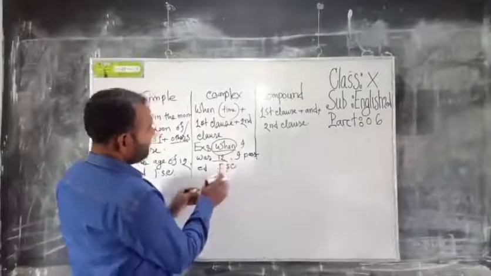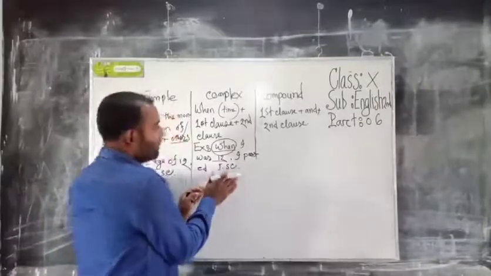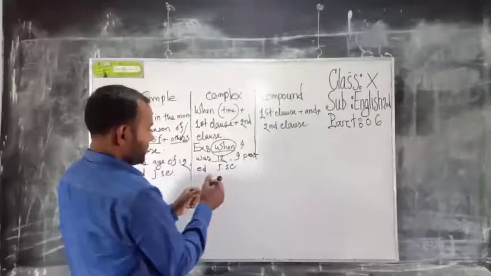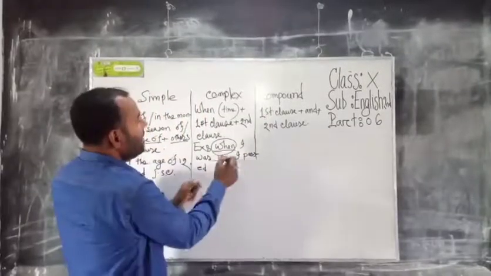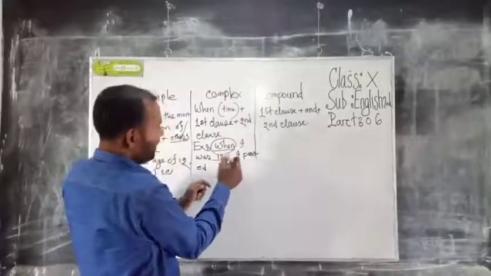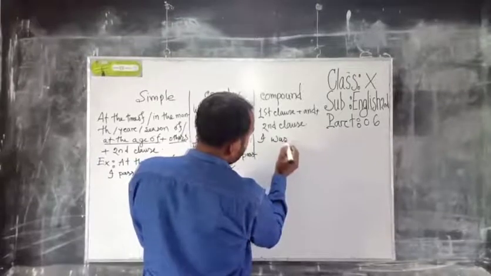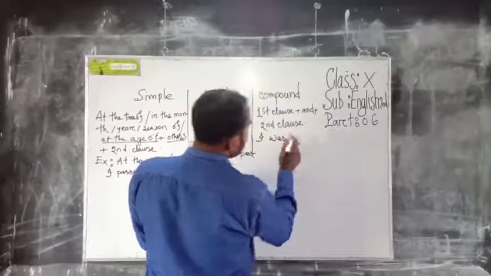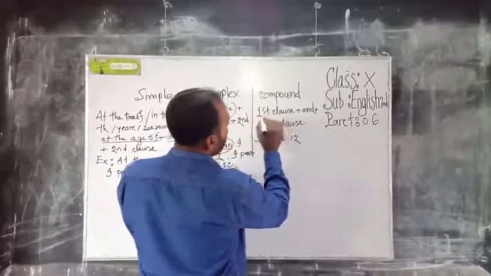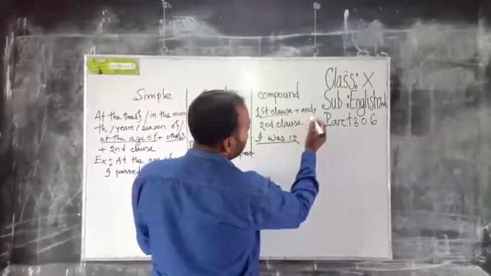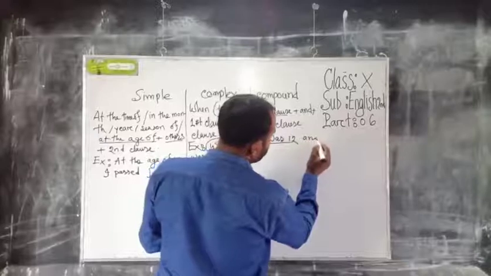Look, if I want to transfer this complex sentence into compound, then this is the first clause. What is the first clause? I was 12. So this is the first clause, plus and.